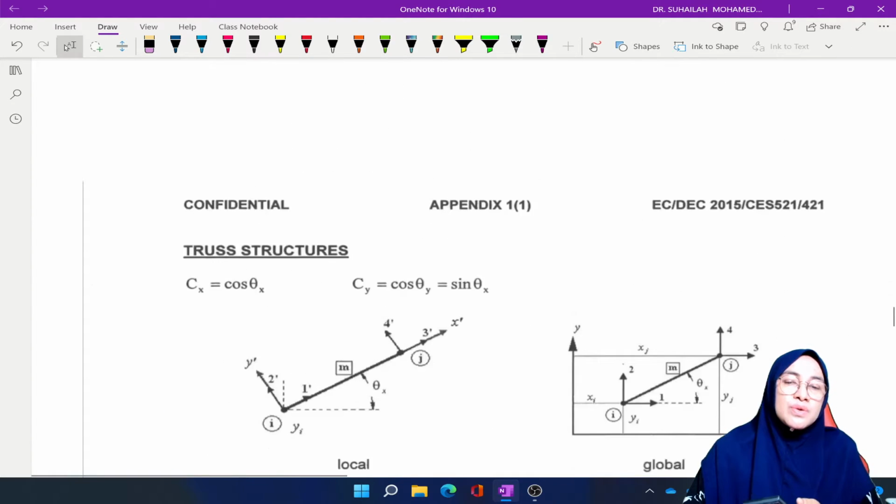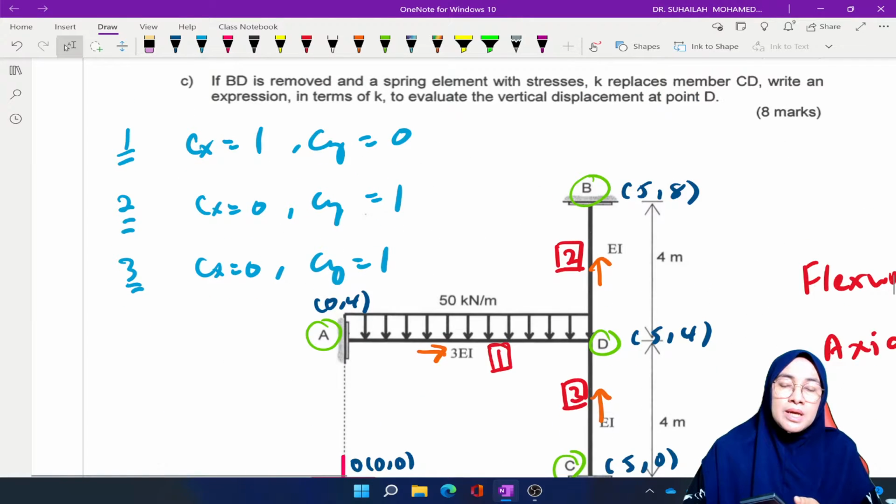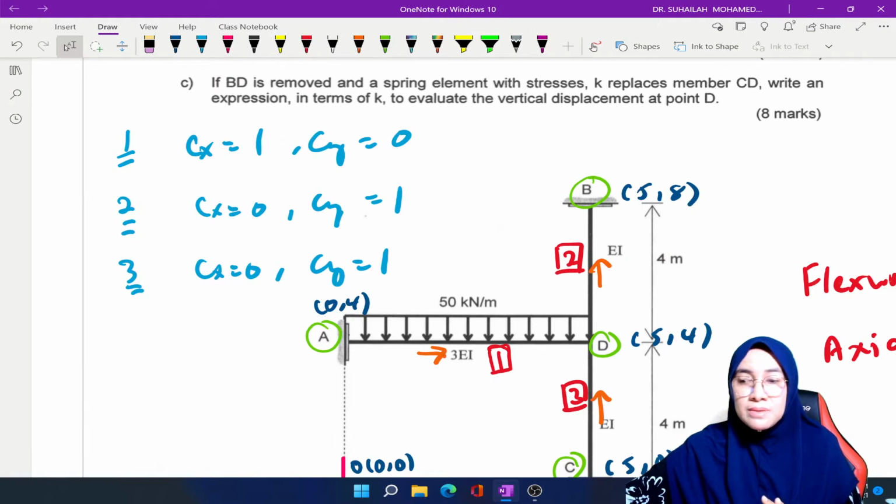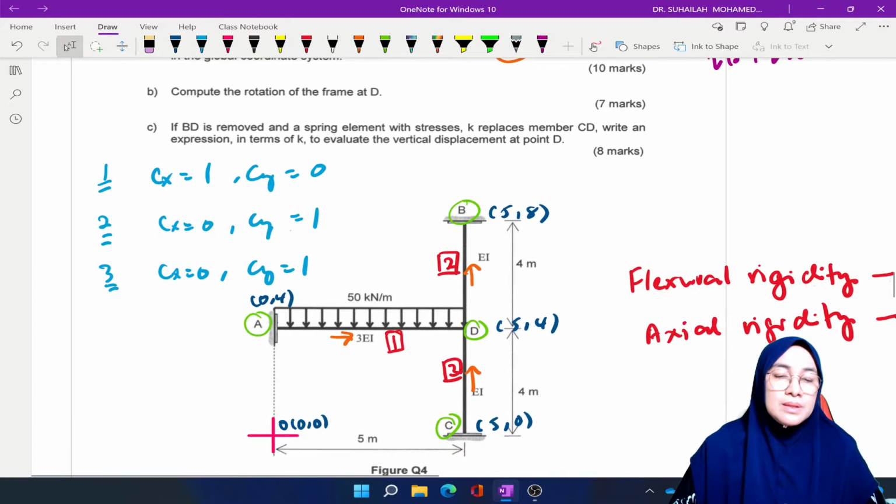So as usual, we do it one by one to calculate K1, K2 and K3. But what is most important is the label.